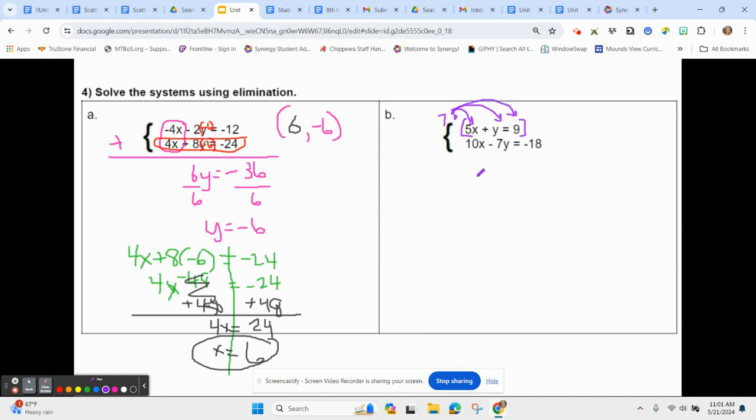And so when I do that, my new equation is going to be transferred. I'm going to write it right below. I'm going to do 7 times 5. This will become a 35. Sorry, it's hard to write little with my mouse here. And then 7 times y gives me a plus 7y. And all of that is balancing with 7 times 9, which is a 63.